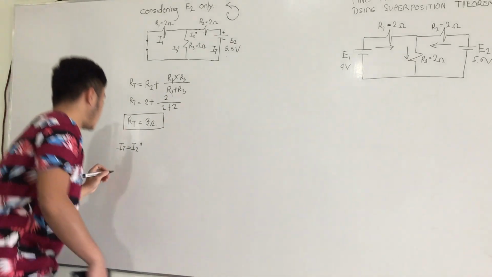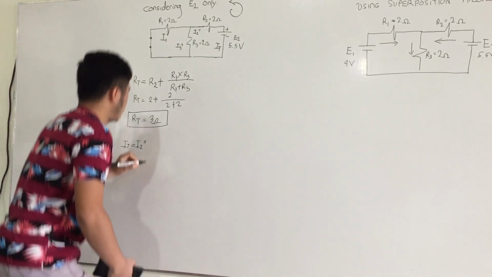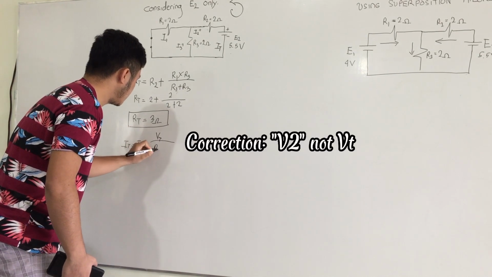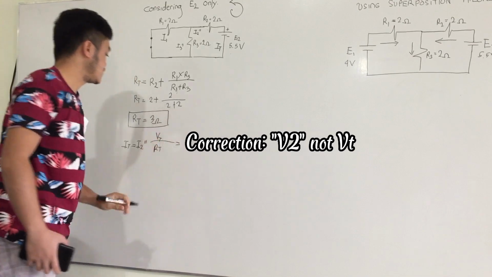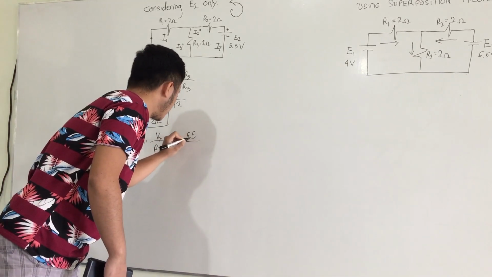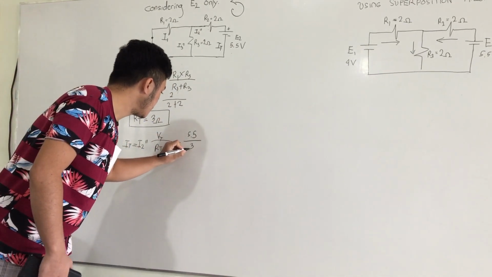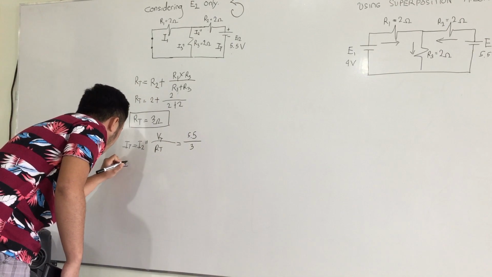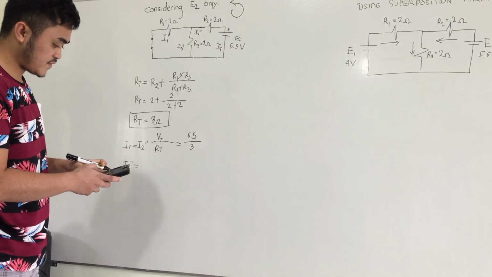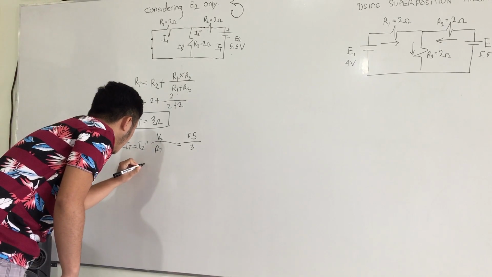So our I sub 2 double prime by Ohm's law, so Vt over by Rt. So our Vt is 5.5 volts and our Rt is 3 ohms. So our I2 double prime is equal to 5.5 divided by 3, that is 1.83 ampere.